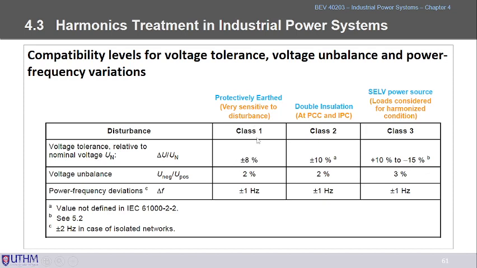That's why class 1 devices or equipment are normally protected by the earth, because they are very sensitive to disturbance. For class 2, normally there will be double installations, especially at the PCC, the point of common coupling, and the IPC, the internal point of coupling.